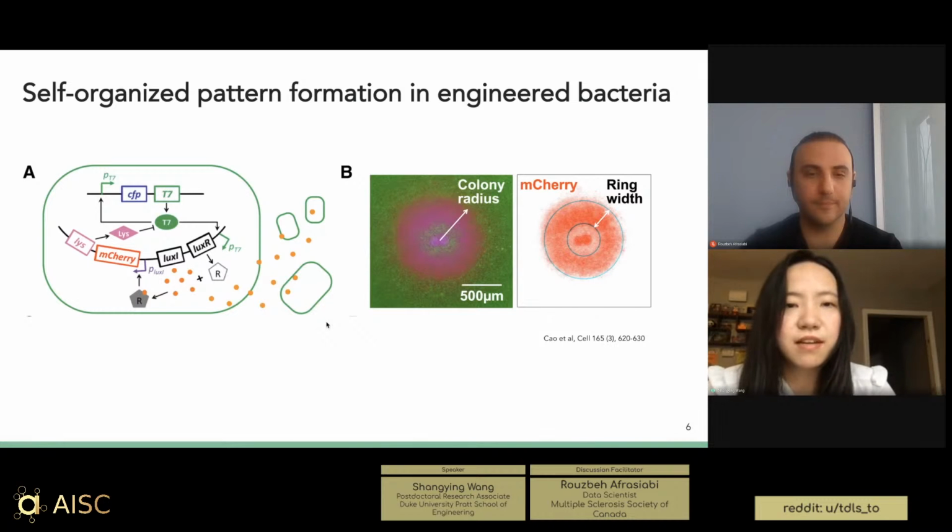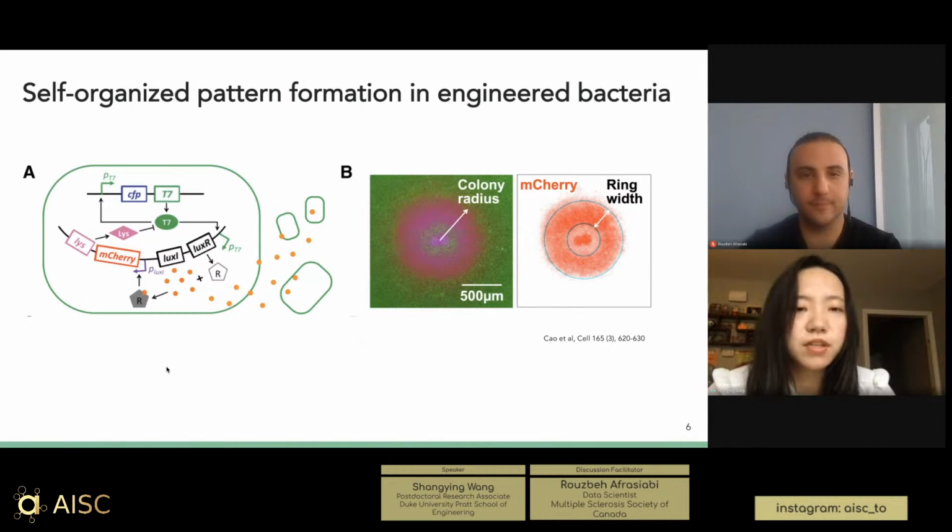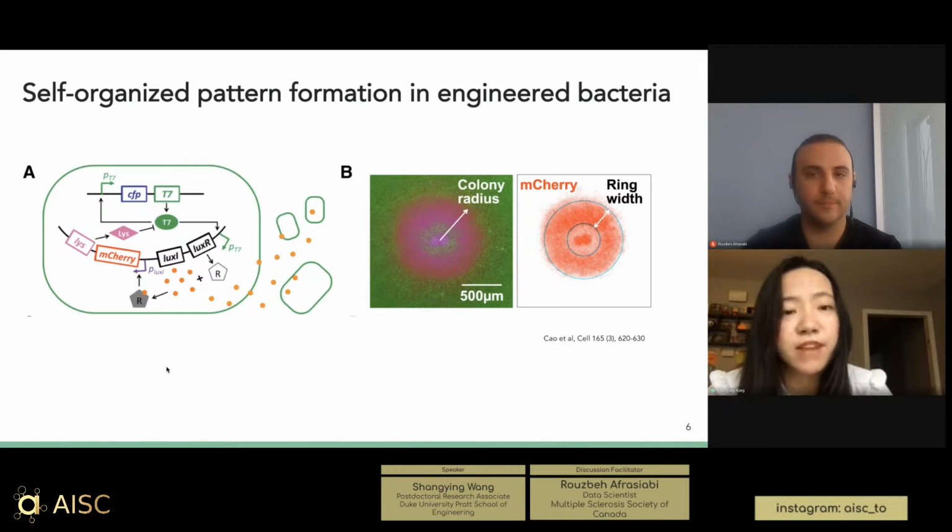This is an example of a self-organized pattern formation in engineered bacteria. This circuit was developed by our lab. So far, there's very little research on developing self-organized pattern formation in living bacteria because it's very difficult.